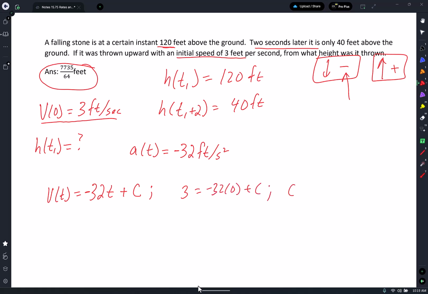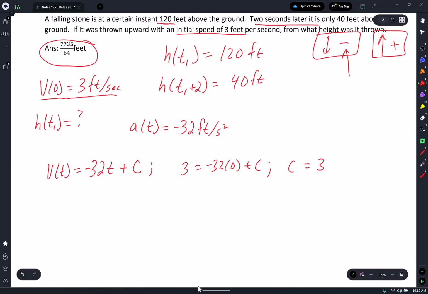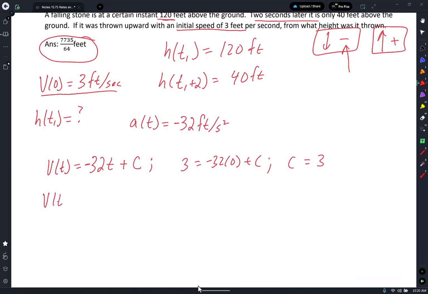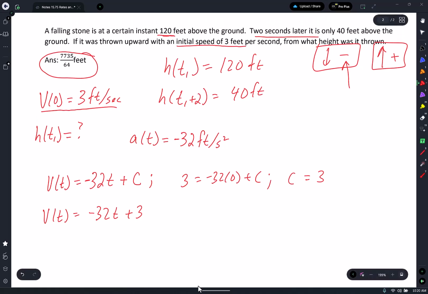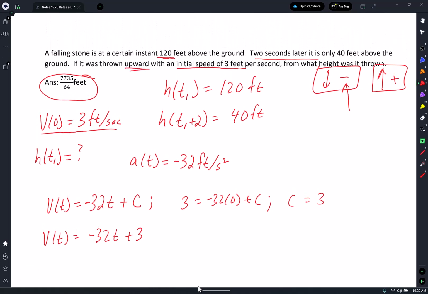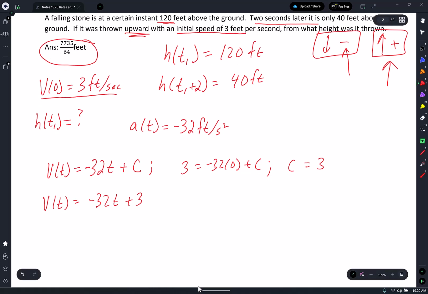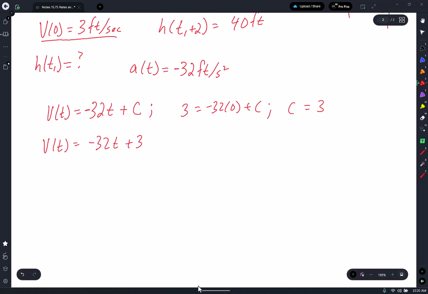So from there, do you see how c equals 3? So you didn't have to do that. I know some of you are probably saying, but I already knew that. Negative 32t plus 3. So if I plug in a 0 there, I should get 3, because I threw it upward. Doesn't it say I threw it up? It was thrown upward, and up is positive. So are we still okay? All right.